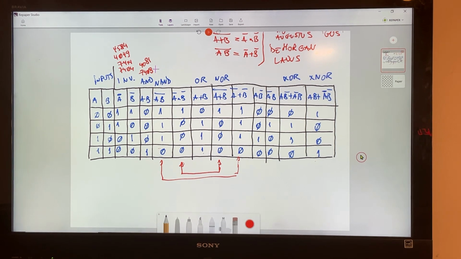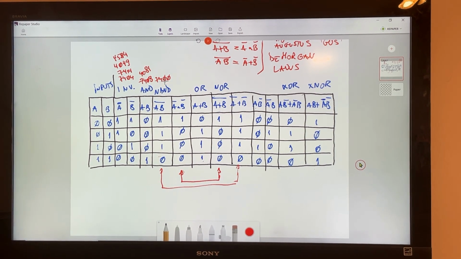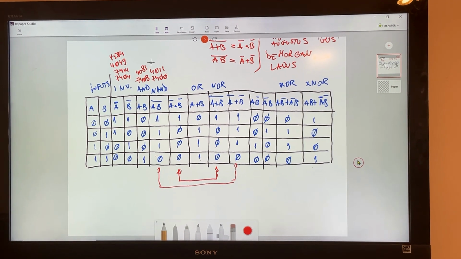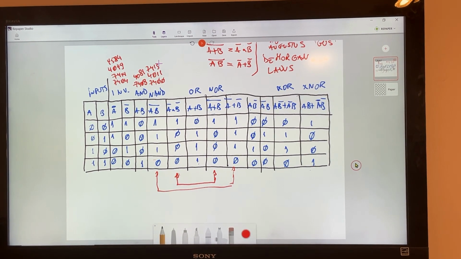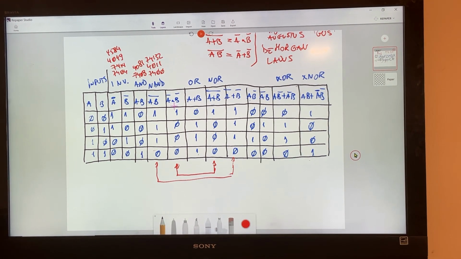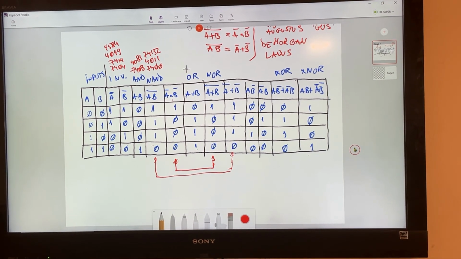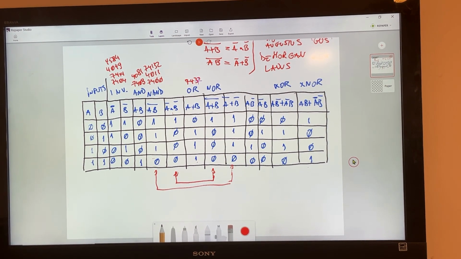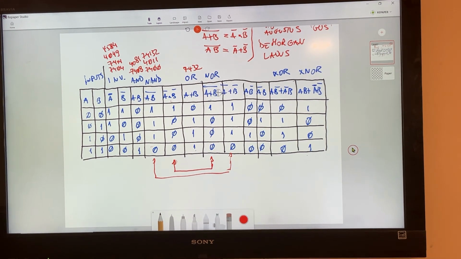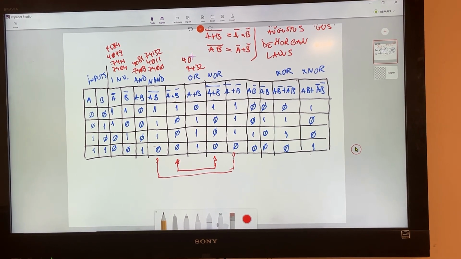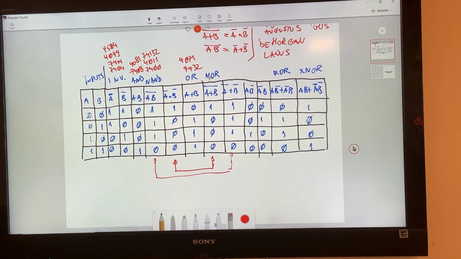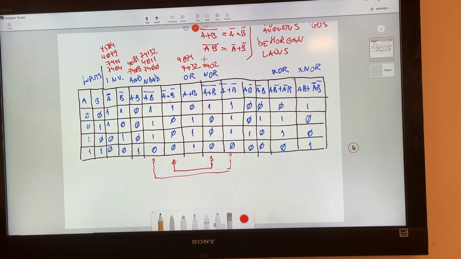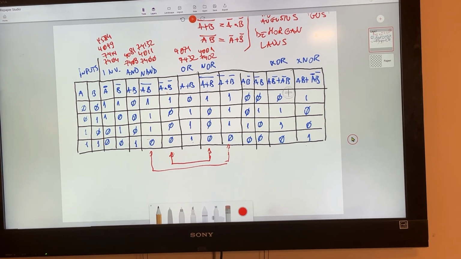NAND, 7400, 4011, 74132, and so on. The list is big. Now OR, for the OR you have 7432, where you can have 4071. For the NOR you have 7402, you can have 4001.